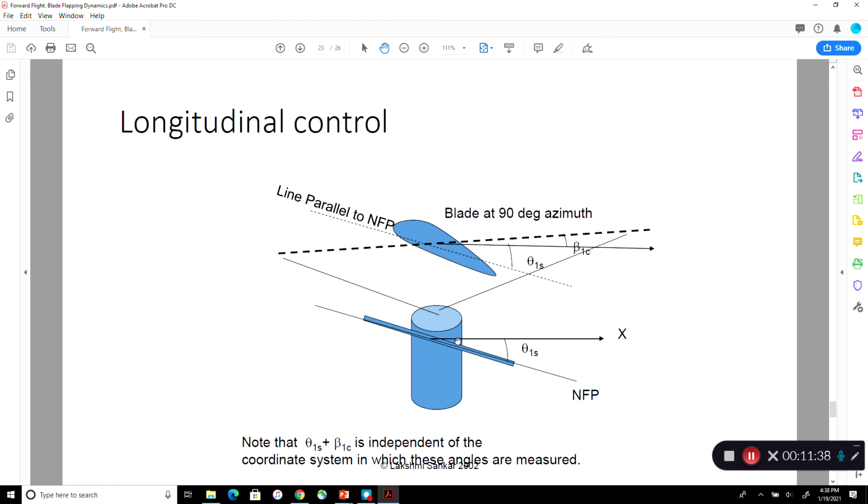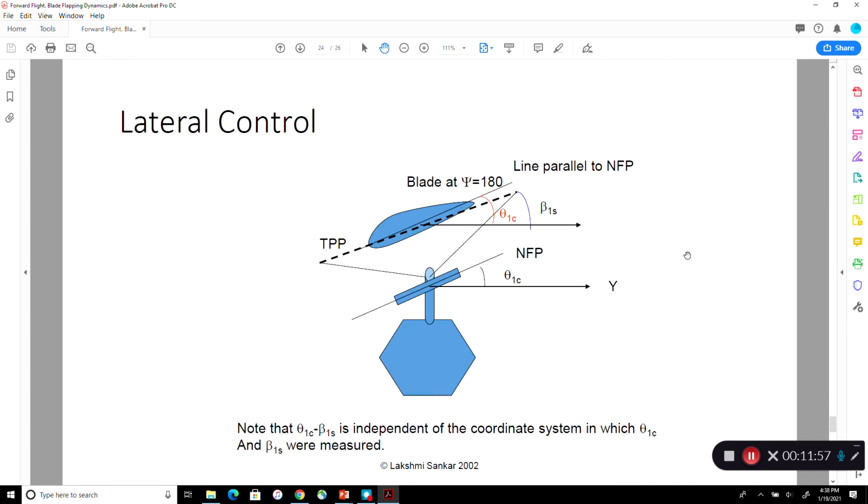So the angle between the Schwarz plate and the shaft plane is theta 1s. And the tip path plane is making an angle beta 1c with the shaft plane. So if you put them together, one of them has theta 1c, the other one has beta 1s, in the lateral view there.